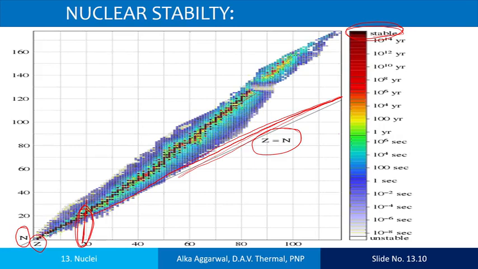But after this point, there is no black color. It means these nuclei are not stable nuclei. And moreover, the number of neutrons is more than the number of protons in stable nuclei.